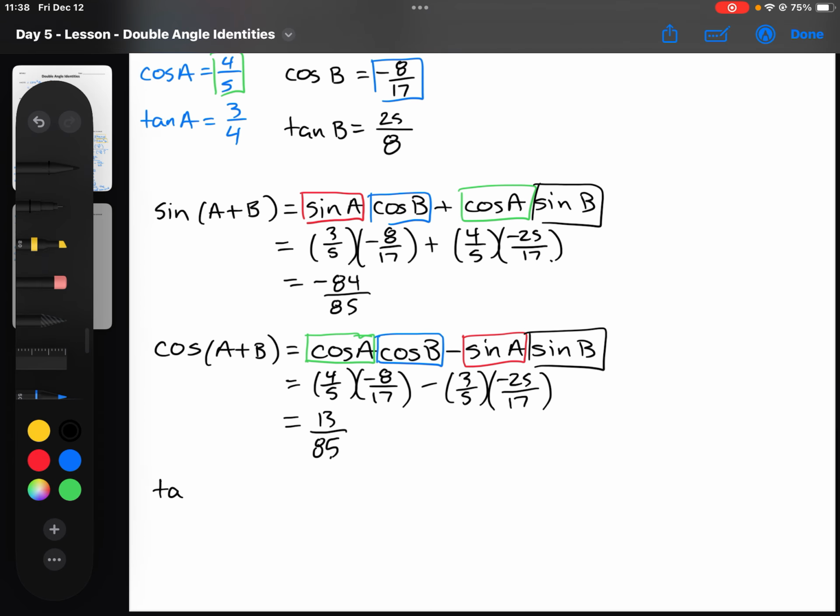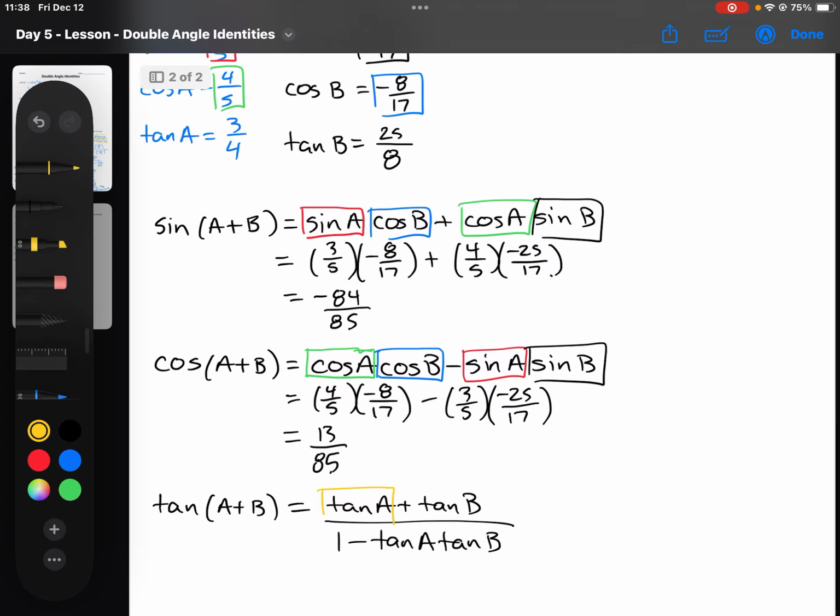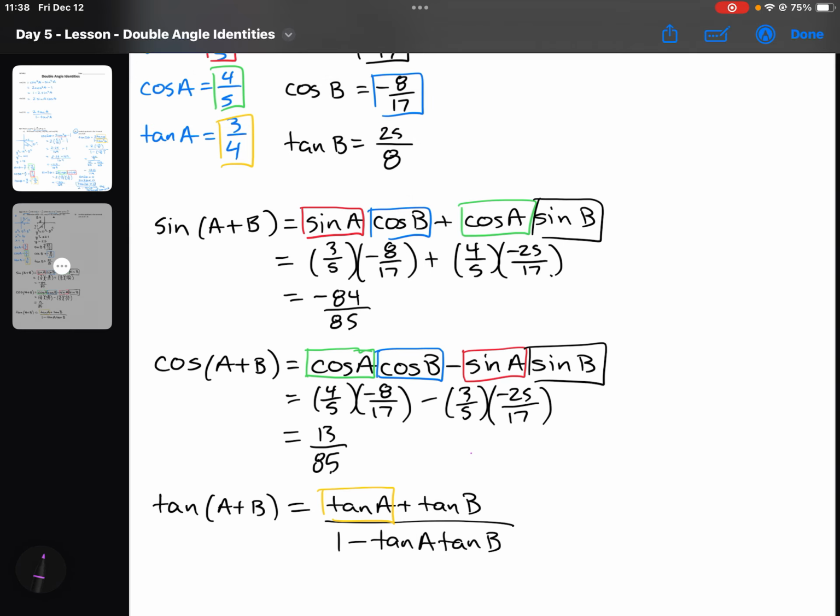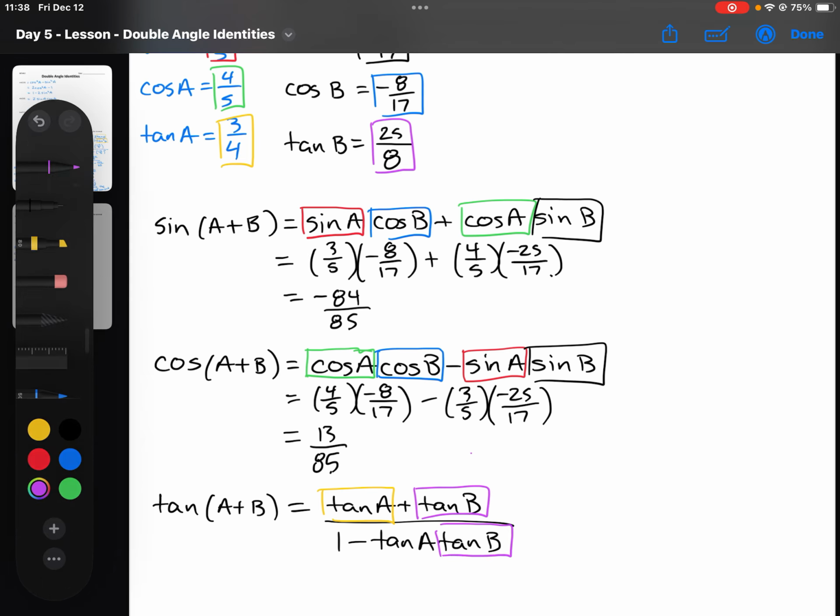And then I'm going to repeat one more time to get tan of A plus B using my identity of tan A plus tan B over 1 minus tan A times tan B. And I'm going to replace these values, tan A and tan B, with my primary trig ratios that I calculated originally, and then simplify.